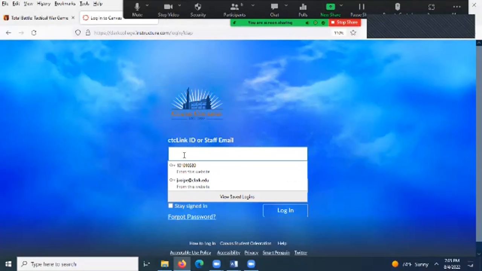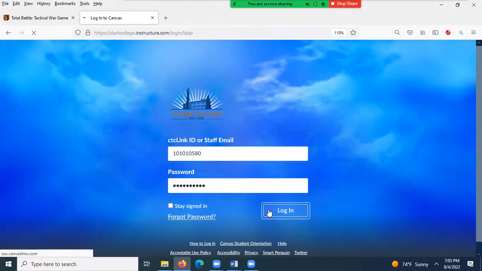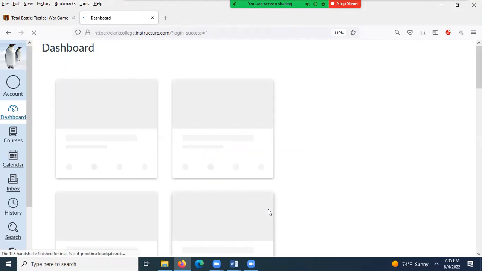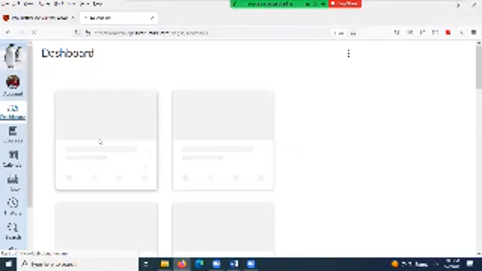Okay, able to see my screen now? Yes, we can. This is going to take a while because my computer is so overworked, but just give it a minute. It's trying to load.